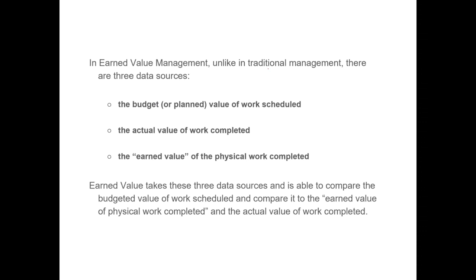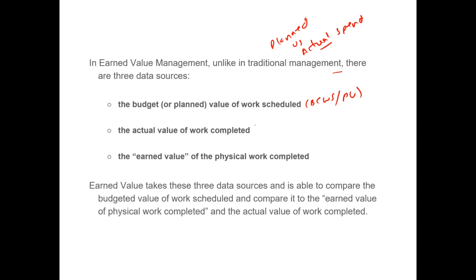So in earned value management, unlike traditional management, which relied only on the planned versus actual spend, there are three things. So budget, or the planned value of work scheduled. This is also referred to as the budgeted cost of work scheduled, or planned value.